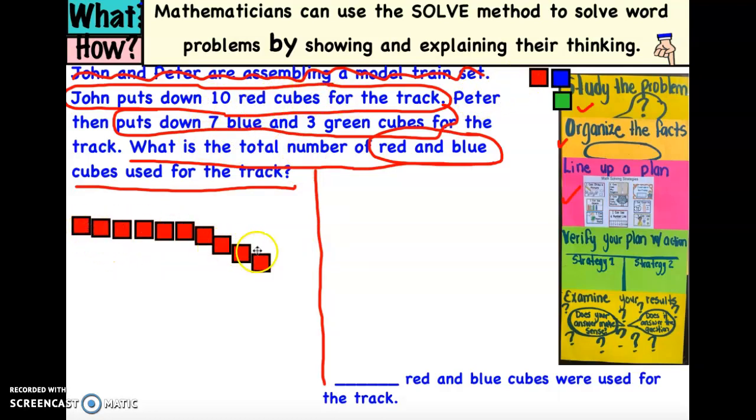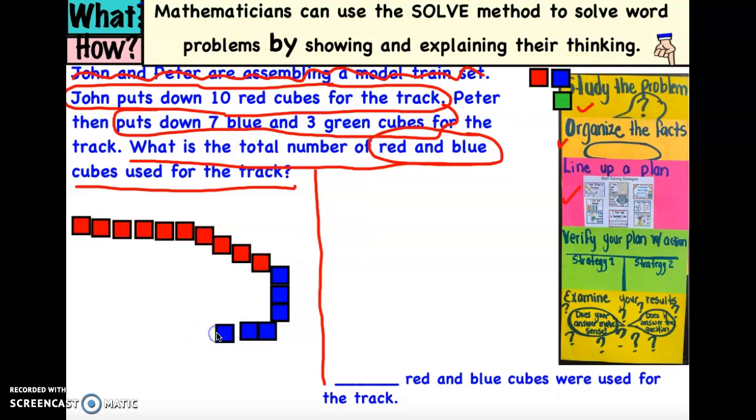So I did this first part, represented with 10 red cubes. And then it says that Peter puts down 7 blue and 3 green cubes. So let me continue with the 7 blue. So this is 1, 2. It doesn't have to be in the line. It's a track. So it could go around. 3, 4, 5, 6.